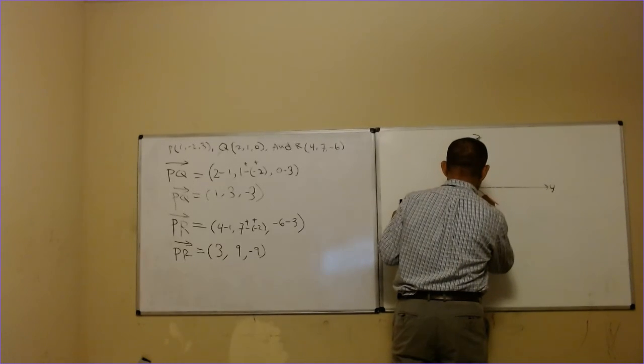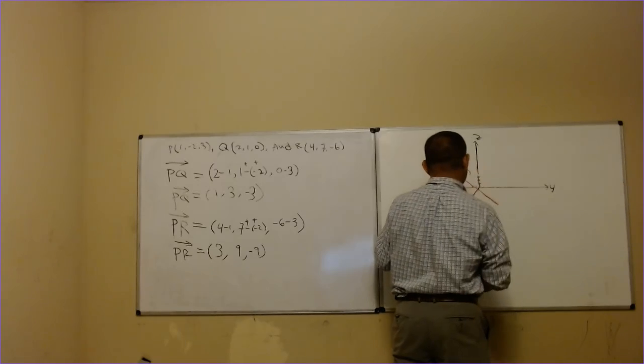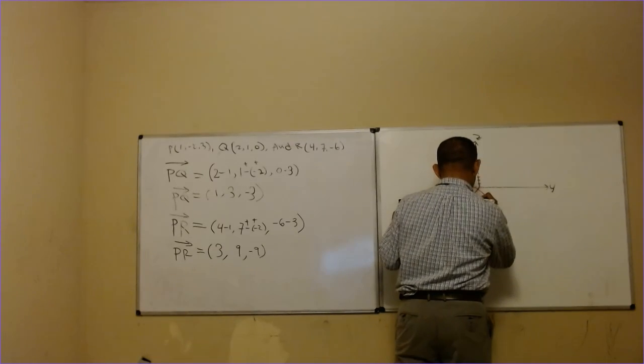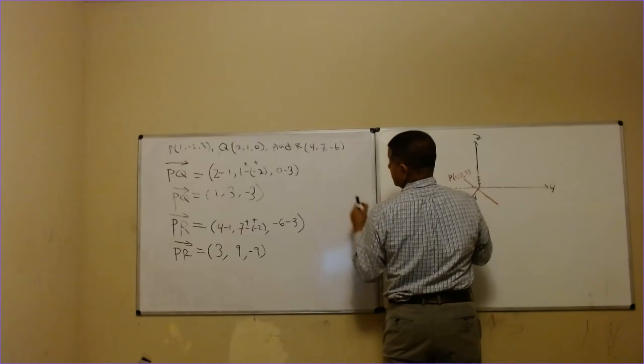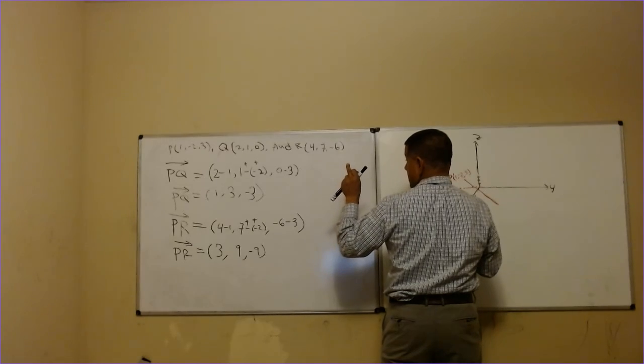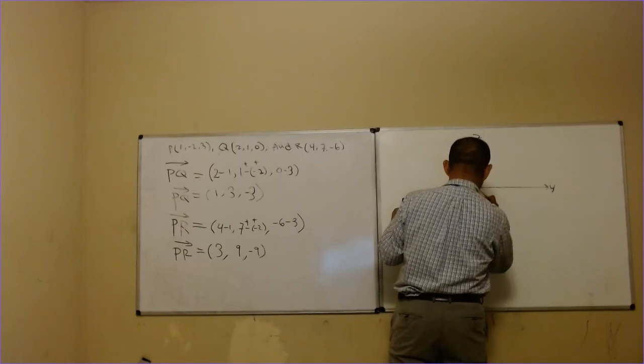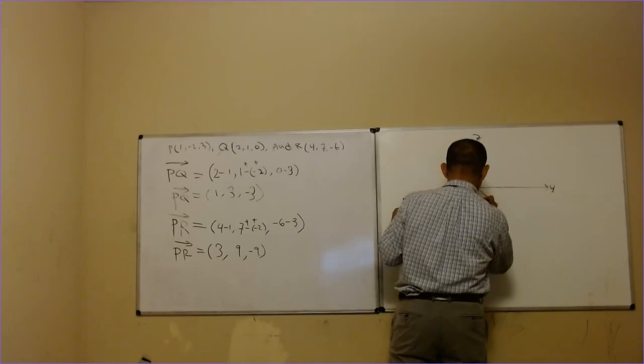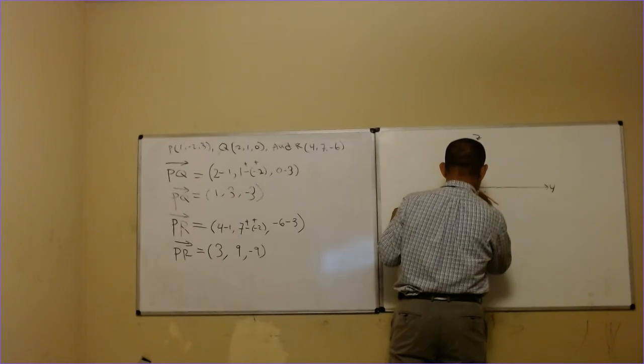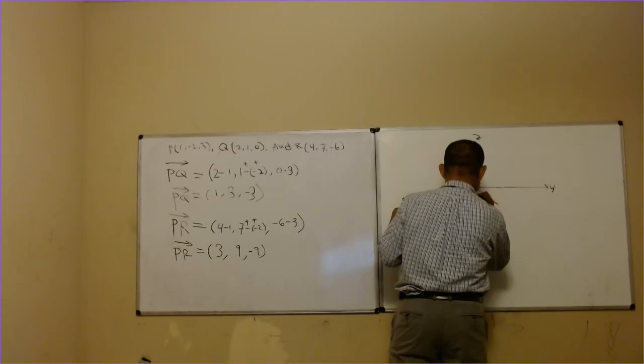So that will be Q. The value Q, well, is (2, 1, 0). 2, 1, and 2, 1, 0, right?